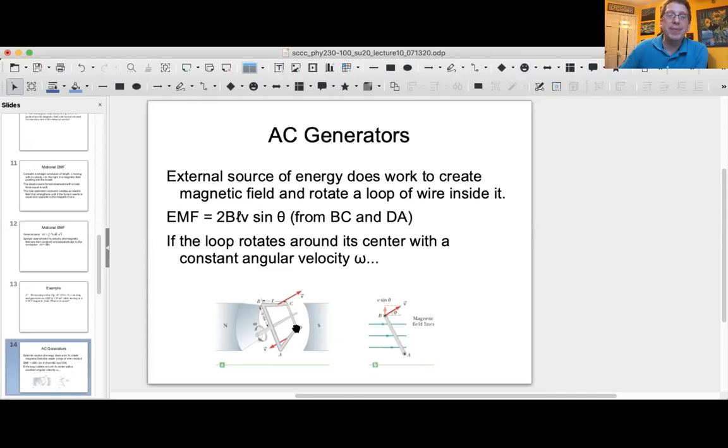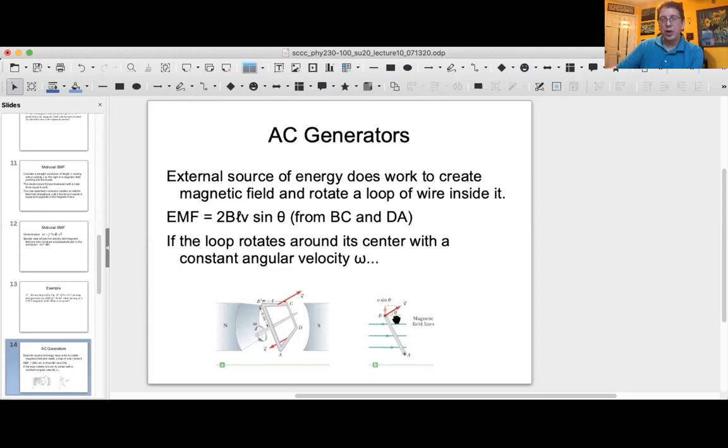The magnetic field is pointing to the right, going across. You have this conducting wire that's rotating, moving through the magnetic field. The magnitude of V cross B is V times the sine of theta, where theta is the angle that V makes with B.